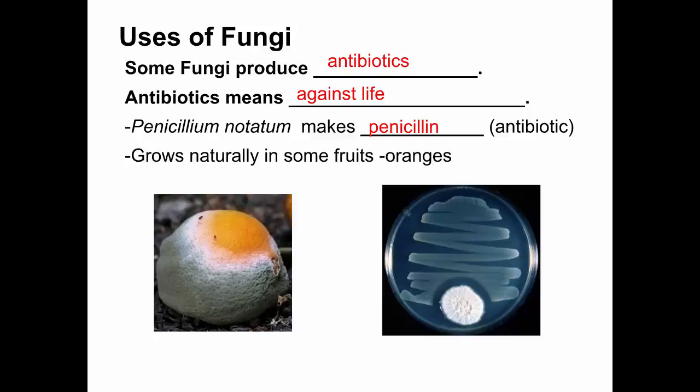This shows what happens. So if you take some of this fungus and you grow it on a petri dish, this is the fungus. And then you inoculate this petri dish. You spread it with bacteria. This streak is where they spread bacteria across it. The bacteria will grow on a petri dish. But what do you notice around the fungus?